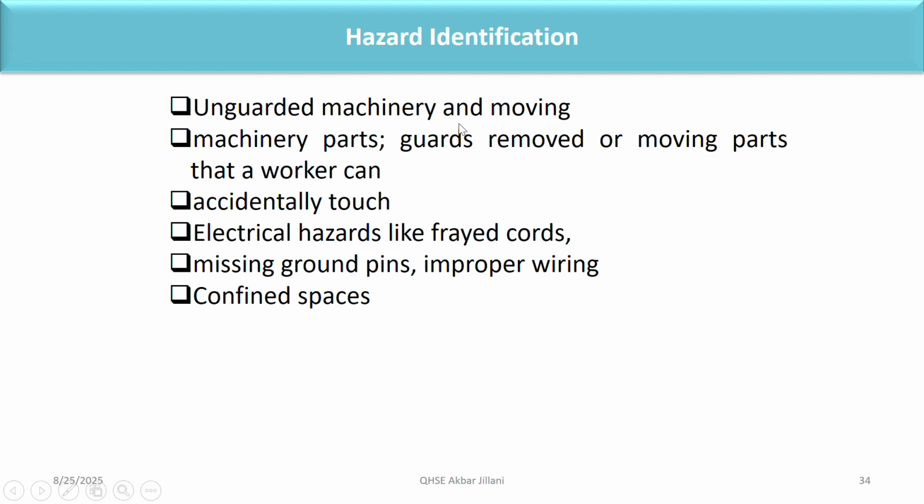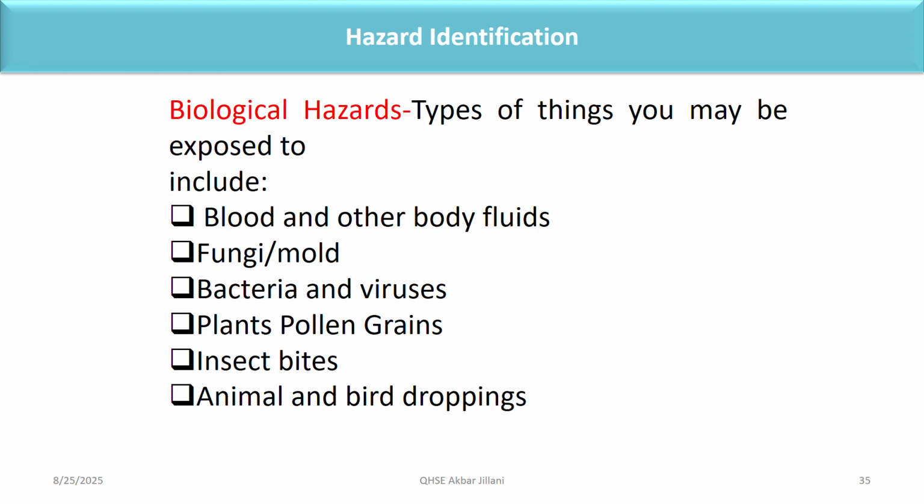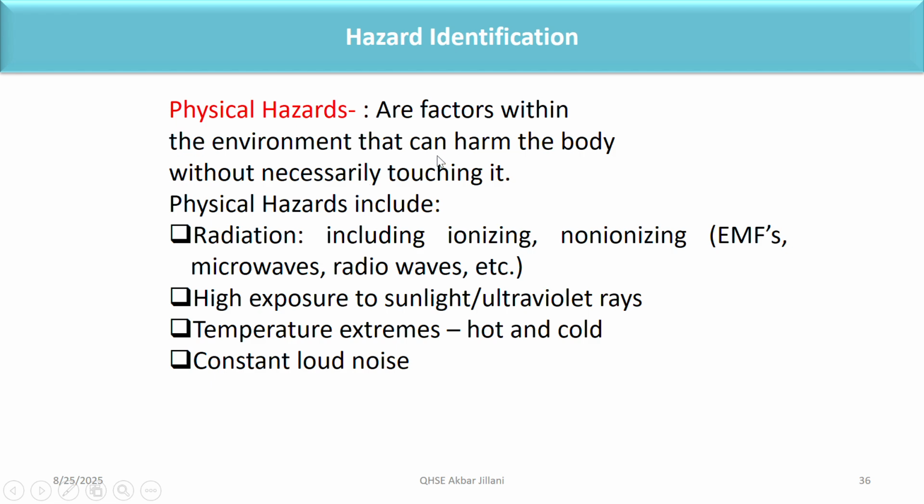Now, under unguarded machinery and moving machinery parts, guards, rotating or moving parts that a worker can accidentally touch; electrical hazards like frayed cords, missing guard pins, improper wiring, confined spaces; biological hazards, blood and other body fluids, fungi, molds, bacteria and viruses, plants, fallen grains, insect bites, animals and bird droppings.